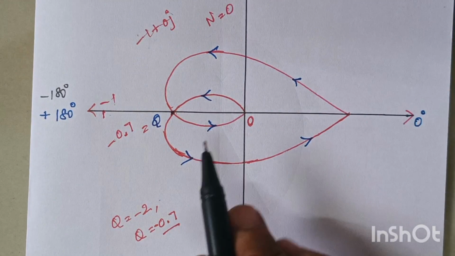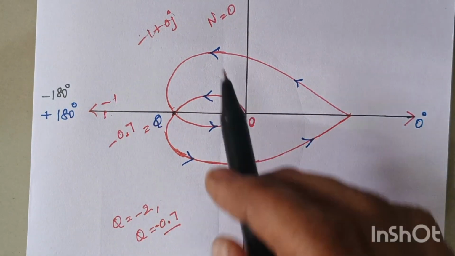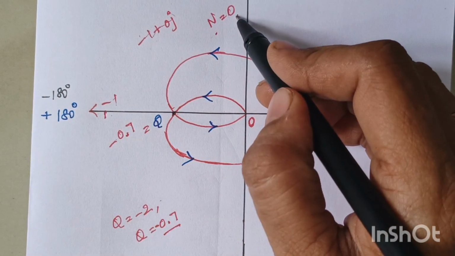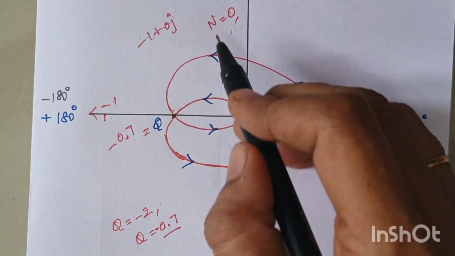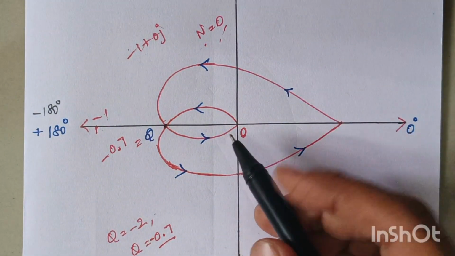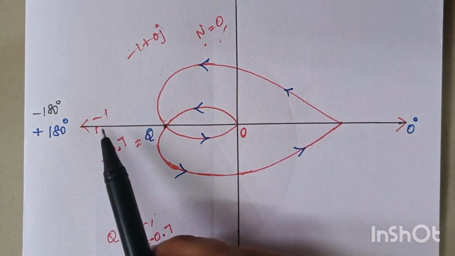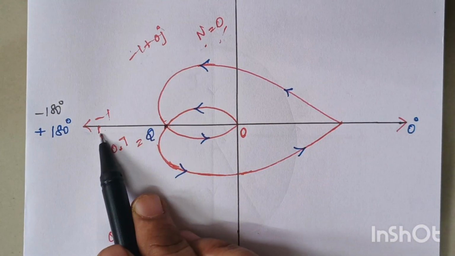So in this case the point minus 1 is not encircled and the value of N is 0. Both conditions are met. We need N equal to 0, and even after drawing the plot, the number of encirclements around minus 1 is 0, because minus 1 lies outside.